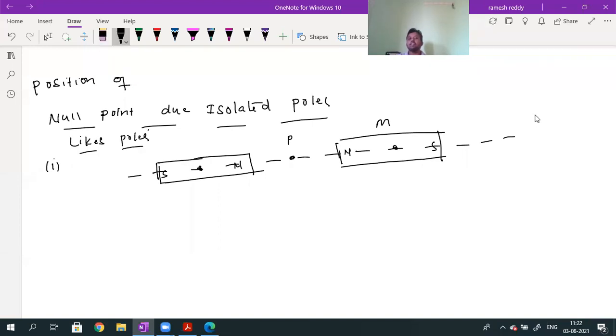Now what is the separation between these two poles? Here I will show the two poles separately. Here is one north pole and here is another north pole.